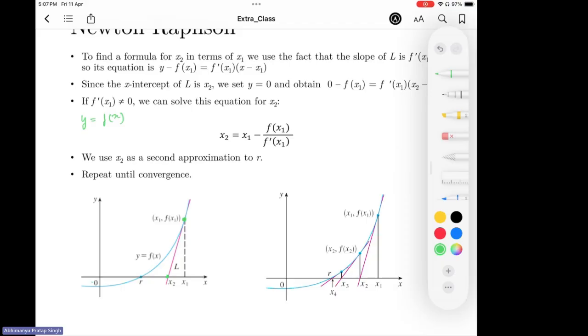Then the equation of this straight line would be f of x1, this is just 0, x1 minus x2.